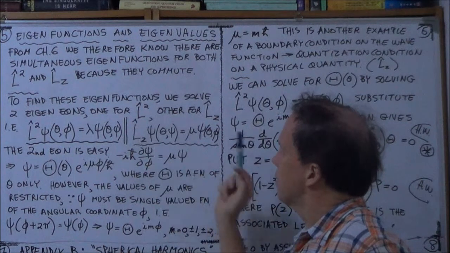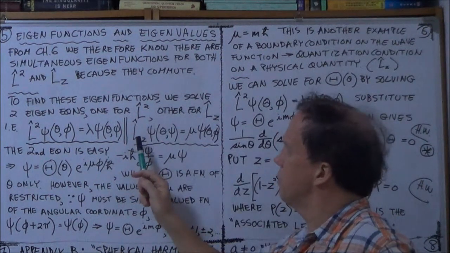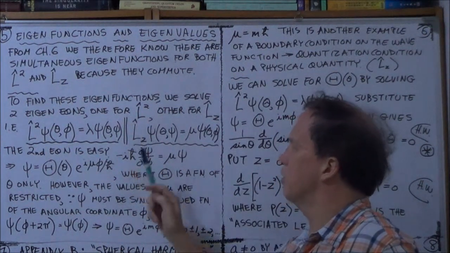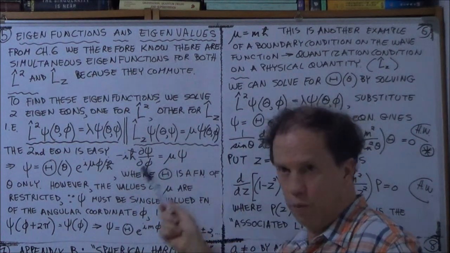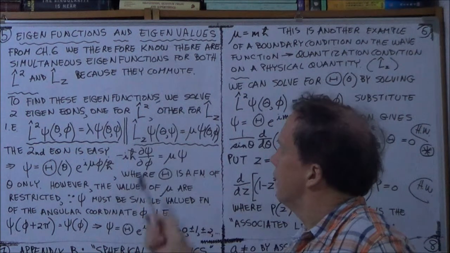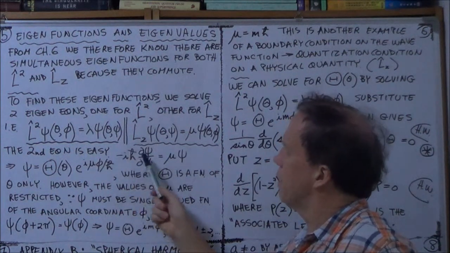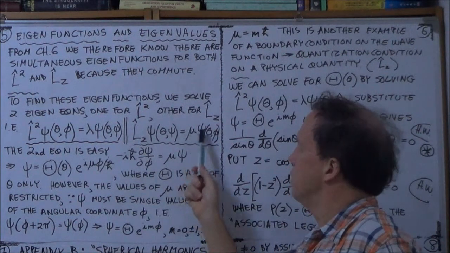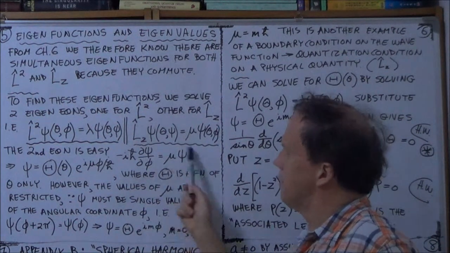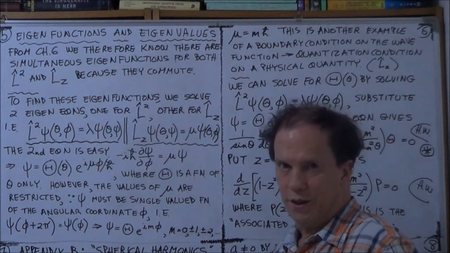So let's take this equation. We choose the actual operator for Lz, which is minus i h bar d by d phi, and we apply that operator to psi and we get mu psi. Now that's a very simple first order differential equation.